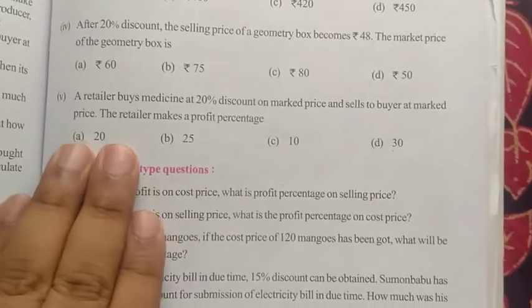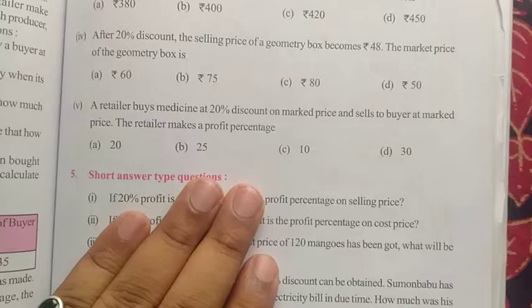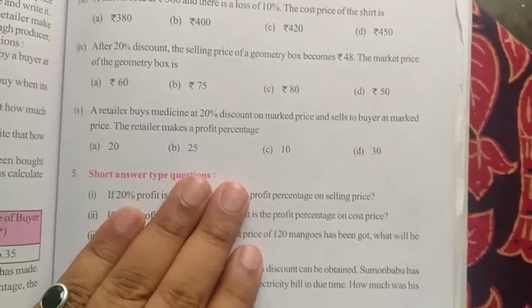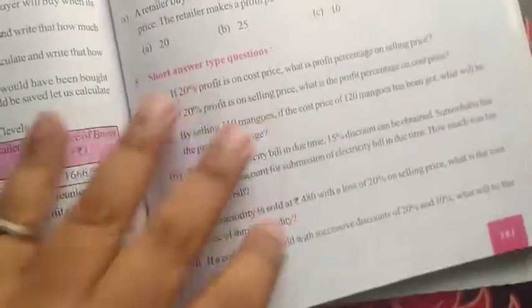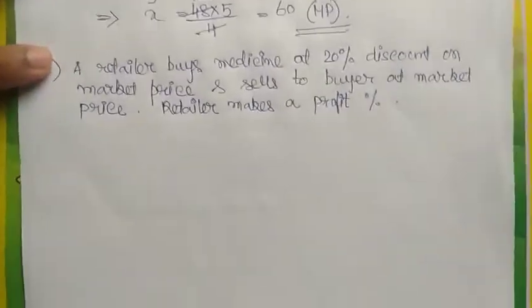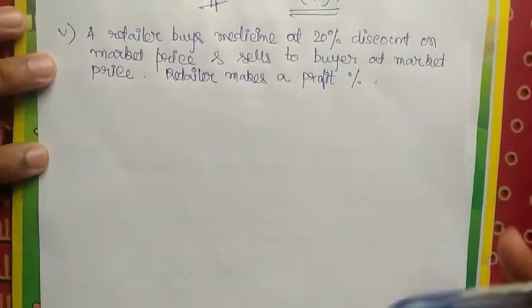This is sum number 5. A retailer buys medicine at 20% discount on market price and sells to the buyer at market price. The retailer makes a profit percentage of? So here the retailer buys medicine at 20% discount on market price.